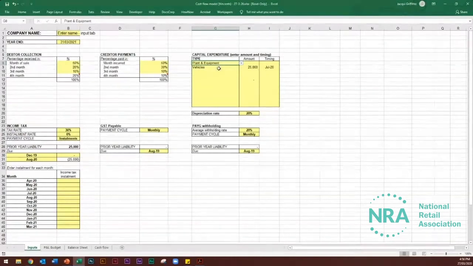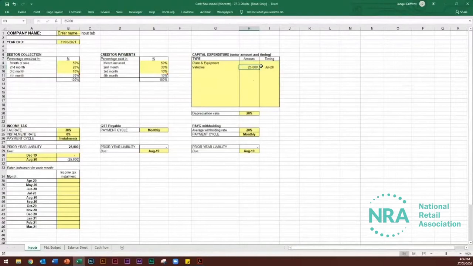So the plant and equipment section here is capital expenditure. At this stage, it would obviously be one of the things you cut back on, but if you can afford to, there are the benefits that the ATO have announced in terms of deductions for capital equipment write-off. So if you know you need to get a vehicle in a period and it's not going to be fully financed, then it's good to put that in.